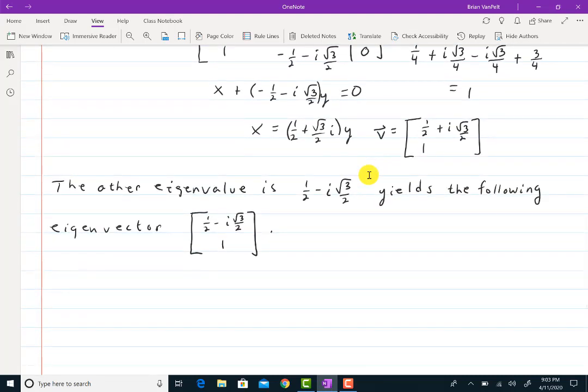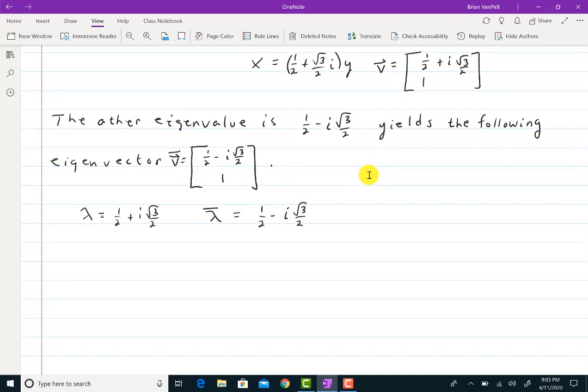Let me show you a notation here. If lambda equals 1/2 plus i times radical 3 over 2, then if I put a bar over the lambda, that means its conjugate. That equals 1/2 minus i radical 3 over 2. Well, I can use the same notation for the vector. There's v. I'll put a bar over it to indicate the conjugate of v.